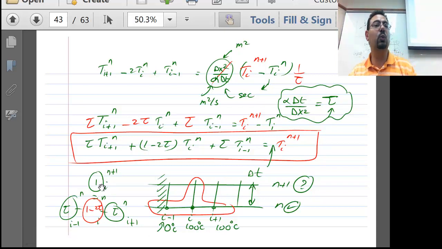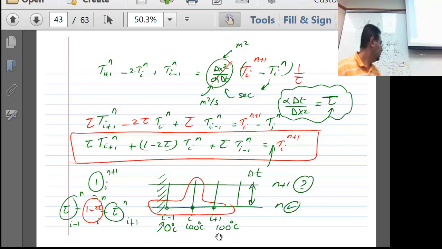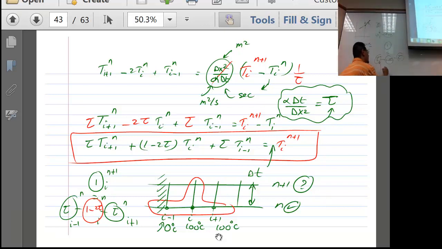And graphically it's like this: tau, 1 minus 2 tau, and tau. Okay? So if I want to draw it nicely over here, one of this guy is 1 minus 2 tau, tau, and tau. And what is this tau again? Delta t over delta x squared. Right?